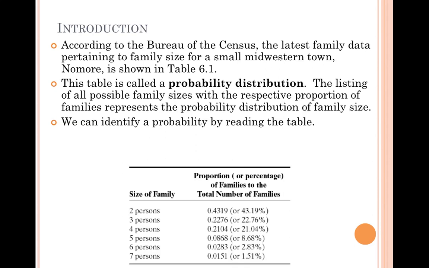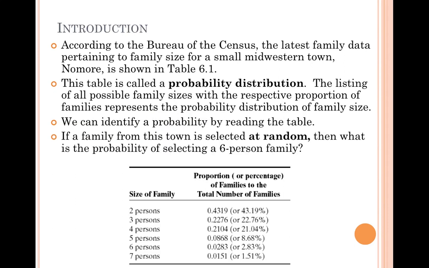Somebody did a census of people in this town and calculated exactly how many of the families had 2 people, 3 people, 4 people, 5 people, 6 and 7 people, and the percentage of the total for each of those family sizes. So when we are asked for a probability from the table, we can't conduct an experiment. It's just a matter of looking at the table and expressing the probability that's presented to us.